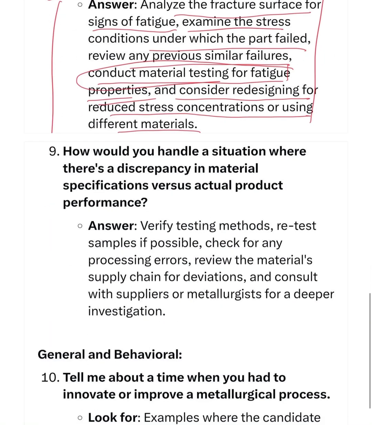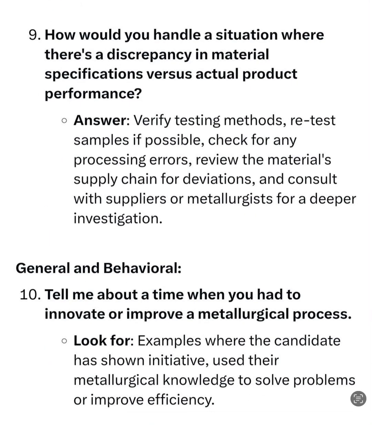Now the next question: how would you handle a situation where there is a discrepancy between material specification and actual product performance? Let's suppose the material does not perform in the real application as the specification says. How can you handle it?